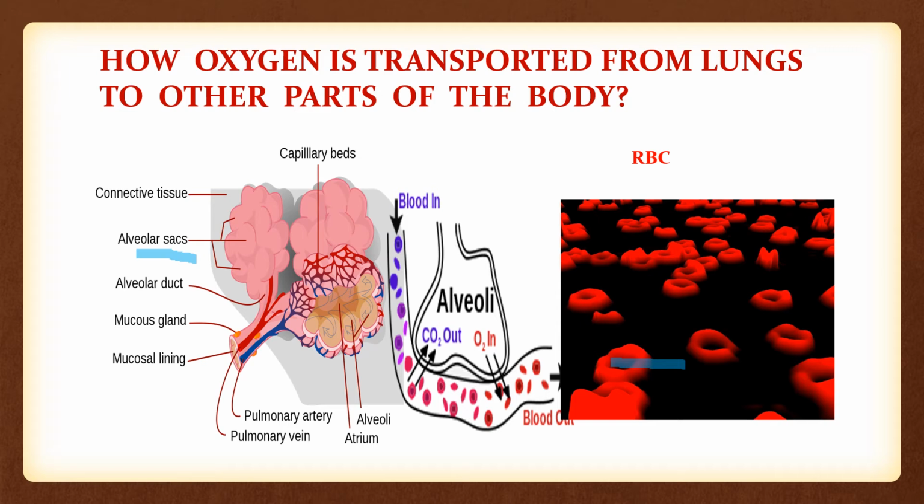So hemoglobin acts as a respiratory carrier. Hemoglobin is present in the RBC, which gives the red color to the red blood cells.